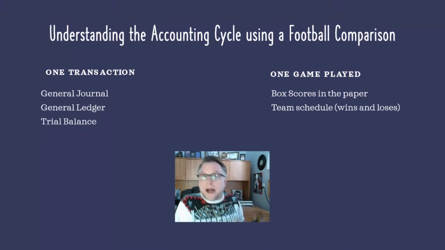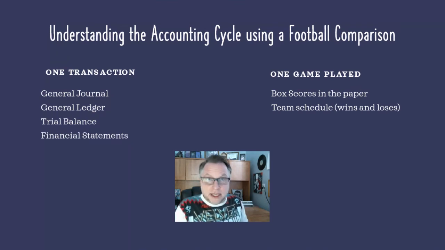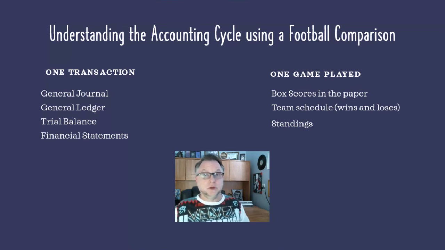And our trial balance and our financial statements were also updated immediately by that transaction, just like the standings were updated for the football teams. So you can see how one transaction in accounting affects many reports, just like one football game affects many ways that you look at it, from scores to standings.